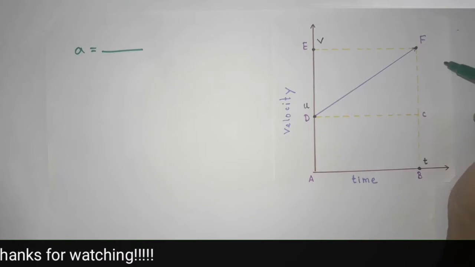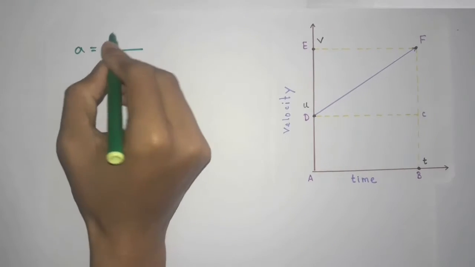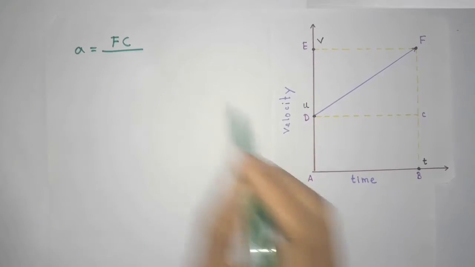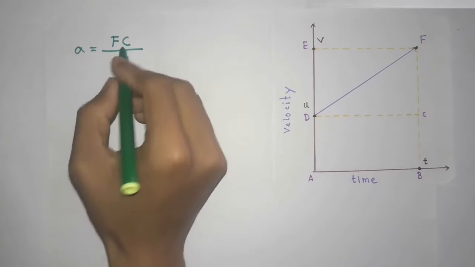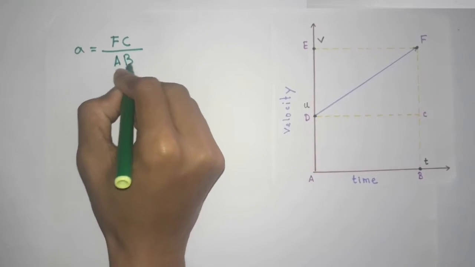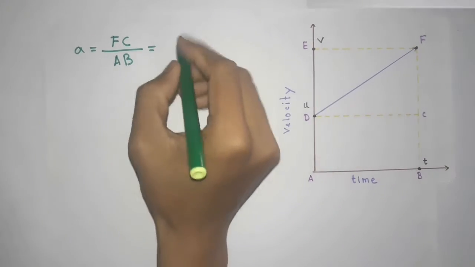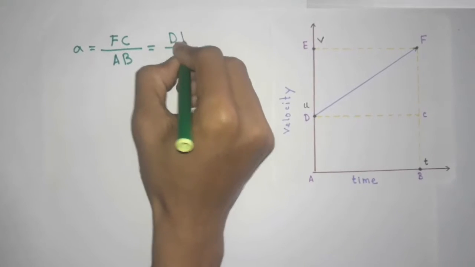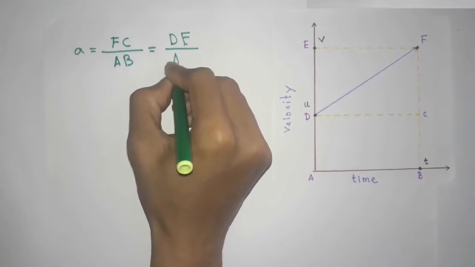Which line represents the velocity? FC represents velocity, and time is represented by the x-axis, so AB is equal to time. Now FC can be written as DE, and let AB be as it is.